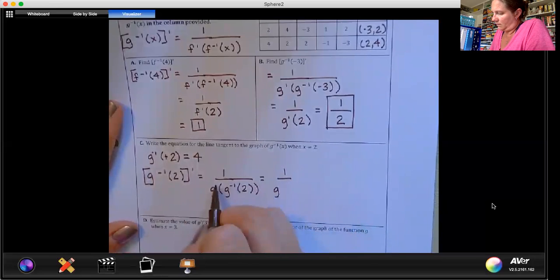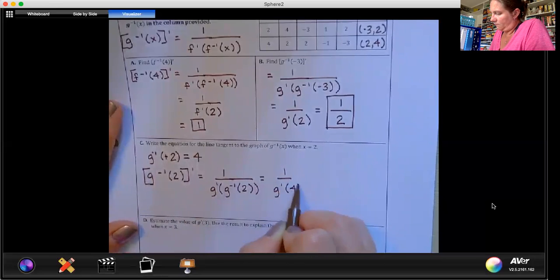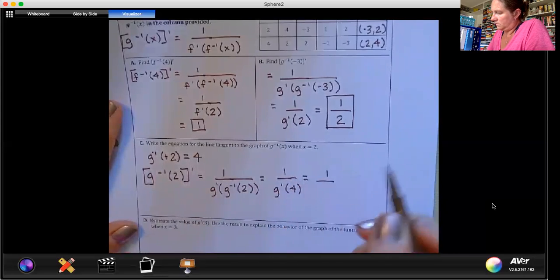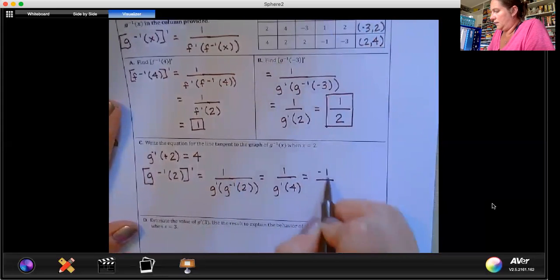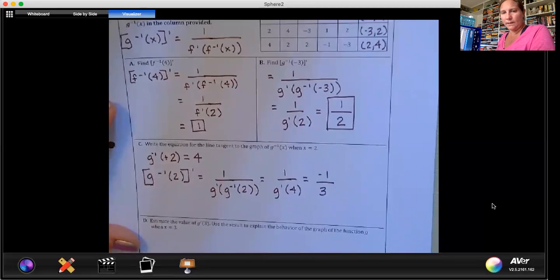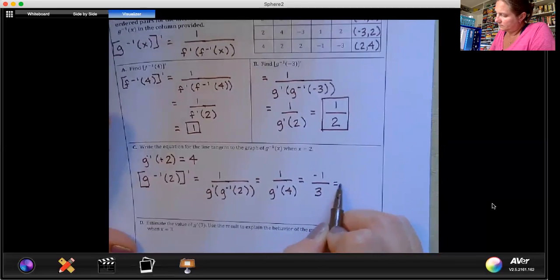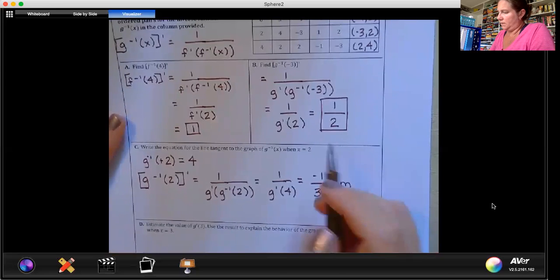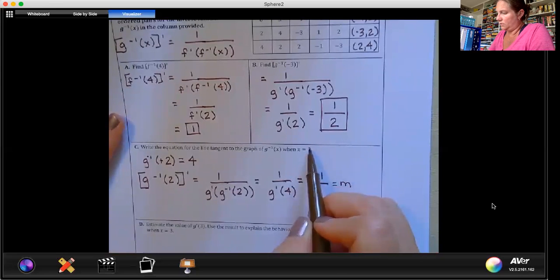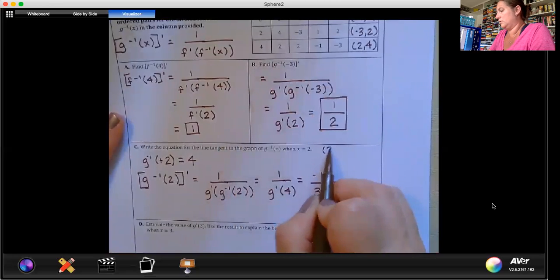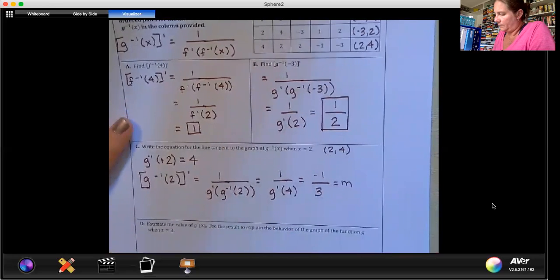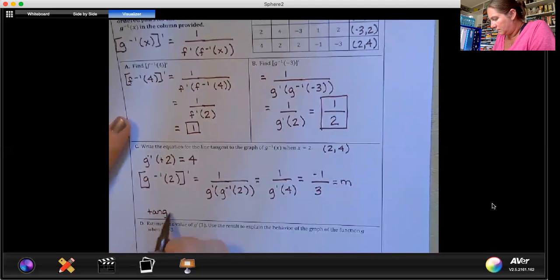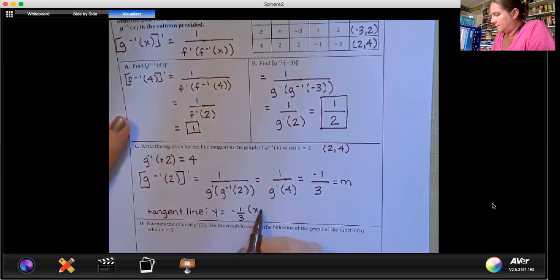So 1 over G prime of 4 is -1/3. So that's going to be our slope. And then the point would be 2, 4. So the tangent line would be y equals -1/3 times x minus 2 plus 4.